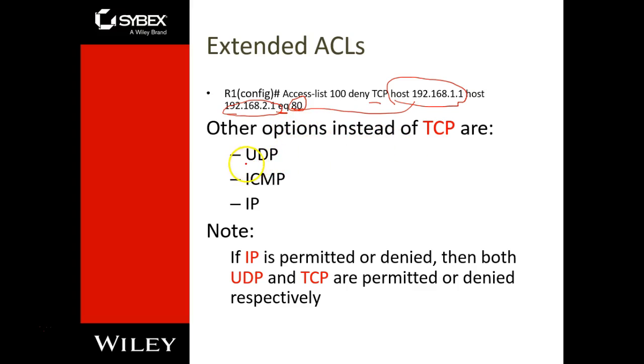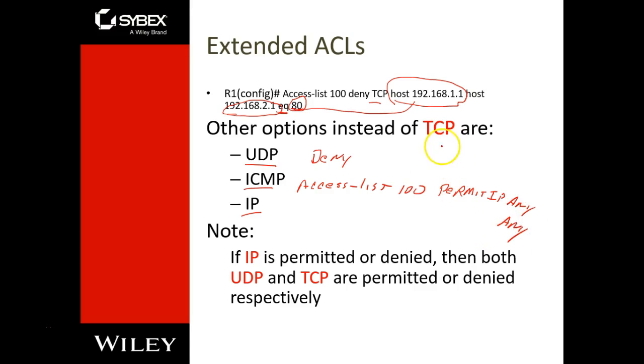So the options, instead of this, we could use UDP, ICMP, or IP. What the IP would be used for after this, because remember, we're going to have that implied deny, we could do access list 100 permit IP any.